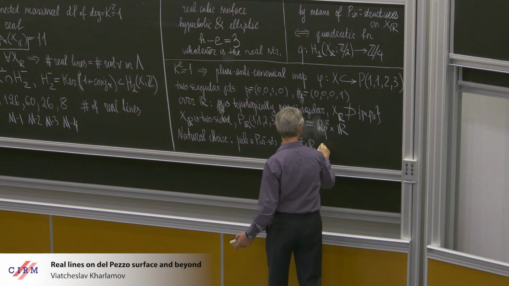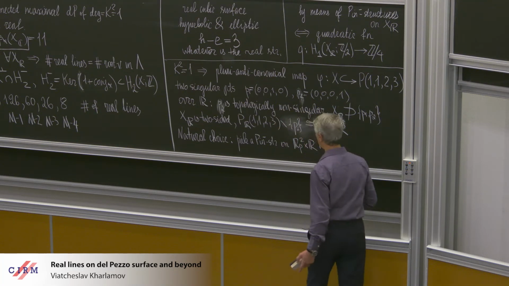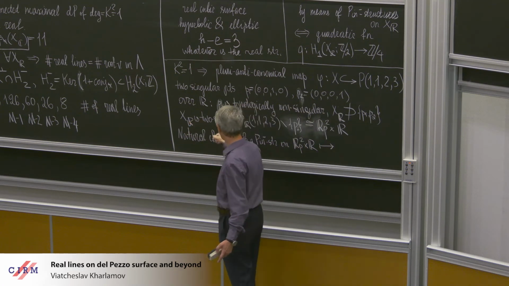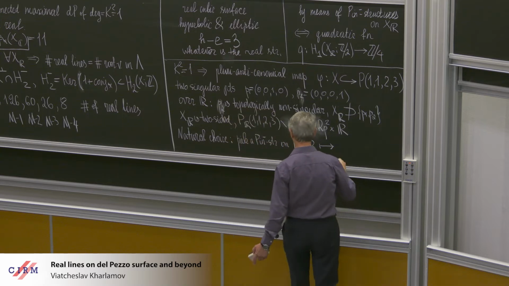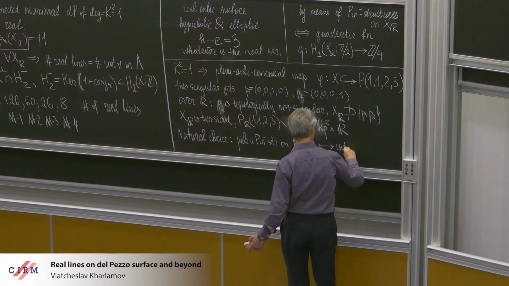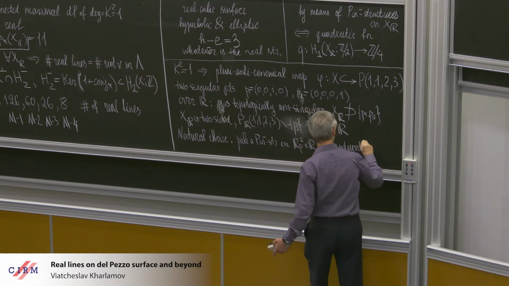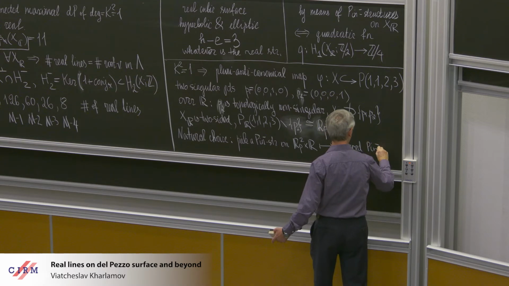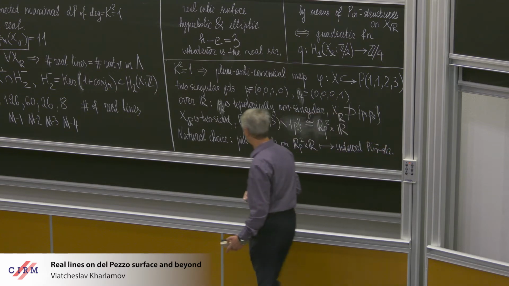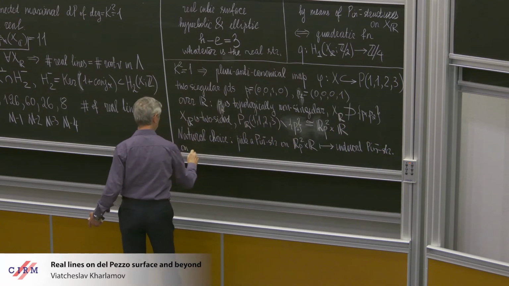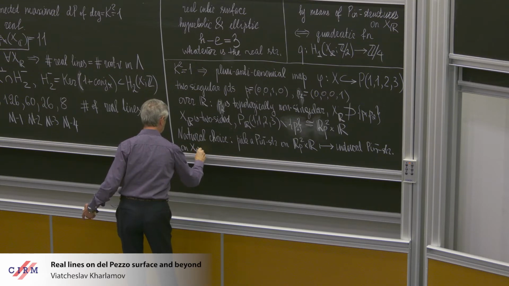And then, using the fact that XR is two-sided, you get induced pin-minus structure on XR.